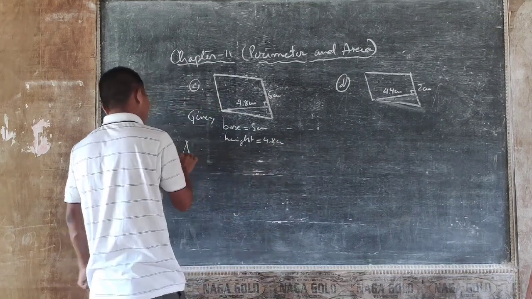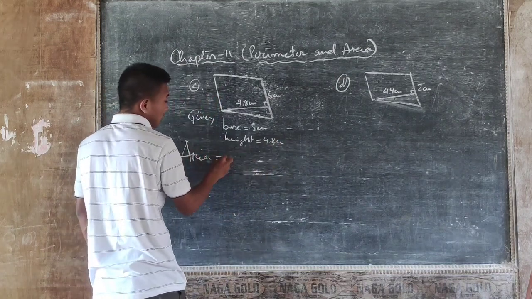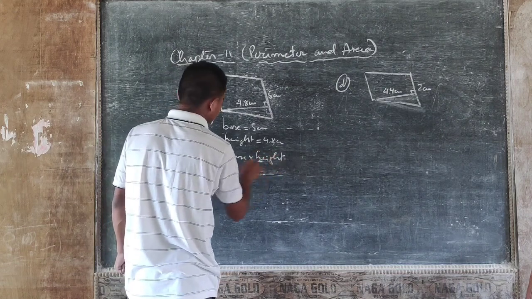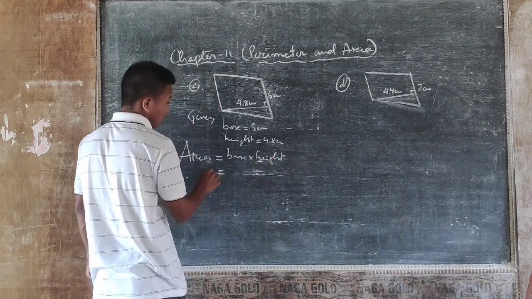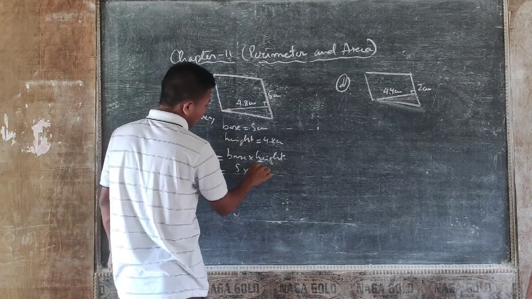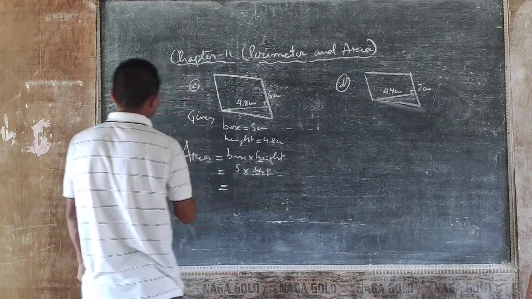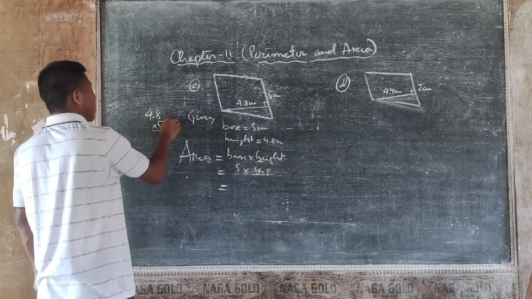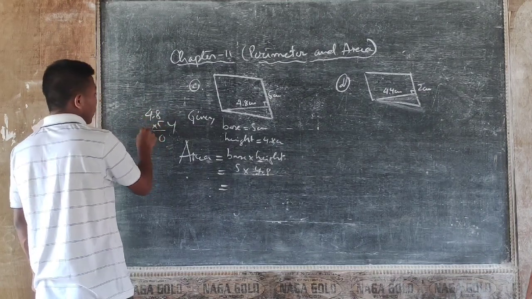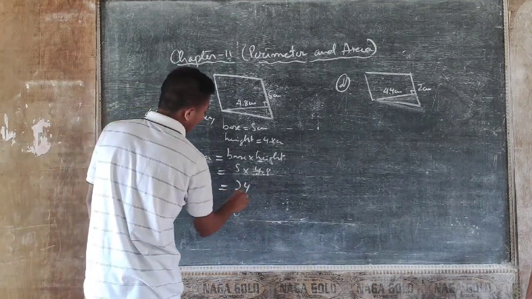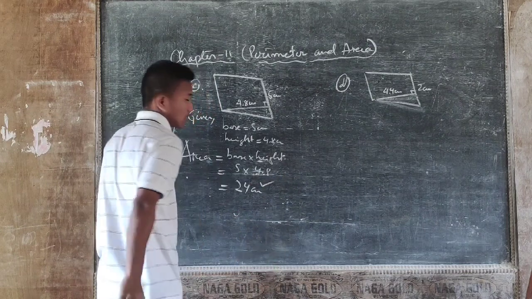So area of parallelogram is base into height. Base here is given 5 and 4.8. If we multiply 4.8 into 5, 5 into 8 is 40, 0, 4 in hand, 5 into 4 is 20, 24. With this point you keep here, 24.0 is 24. So centimeter square, this is the answer.